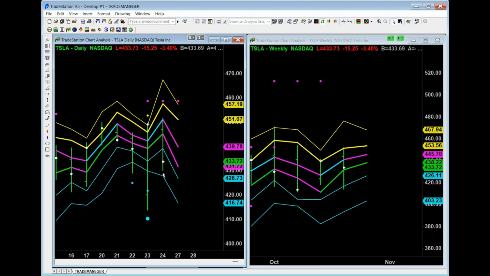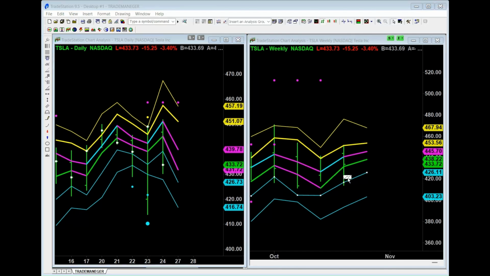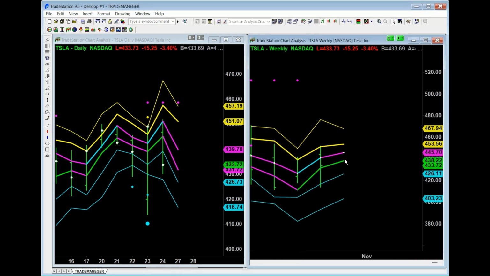So the next week will be the final week of this month. This is a Tesla weekly chart. It closed a little bit above the green trend line. So early next week, it may still have a little bit more increasing momentum.